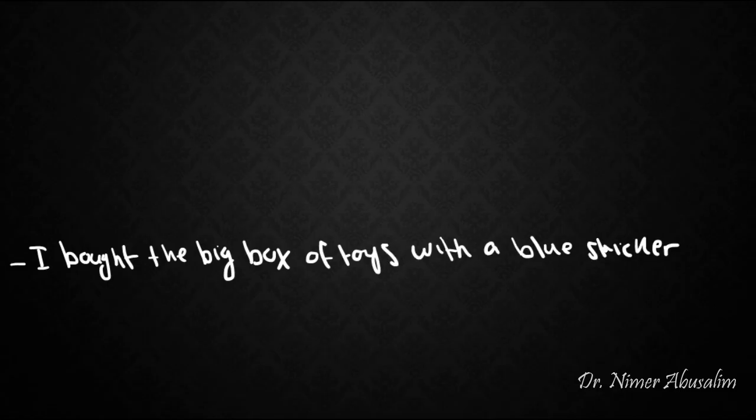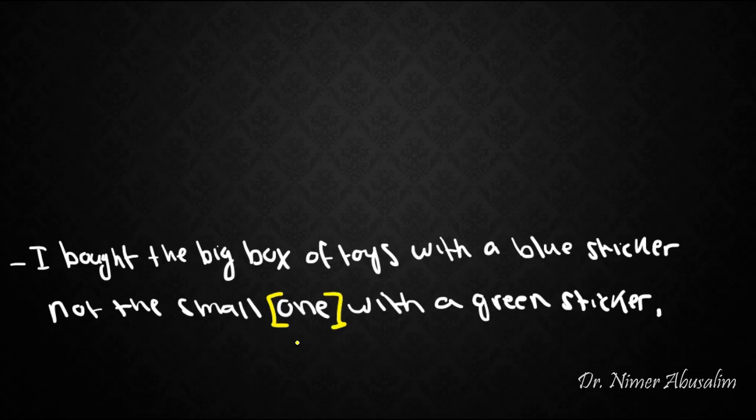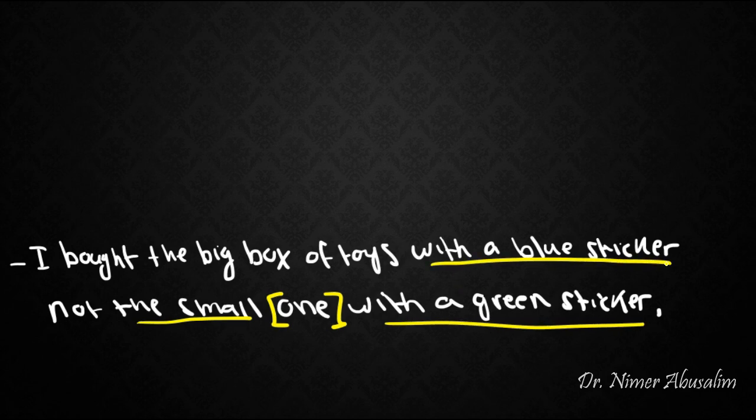But that's not all. Take the sentence, I bought a big box of toys with a blue sticker, not the small one with a green sticker. What does one replace here in this case? Well, we have the and small. We have something that's just like with a blue sticker, which is with a green sticker.